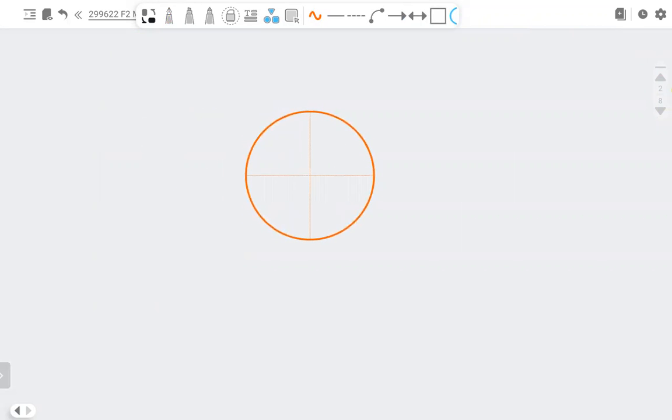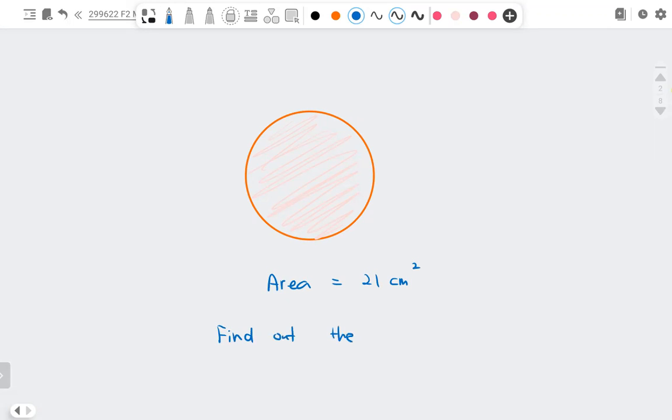Okay, let me draw the circle first. Given the area of this circle is equal to 21 centimeter square, find out the value of the radius of the circle in centimeter.